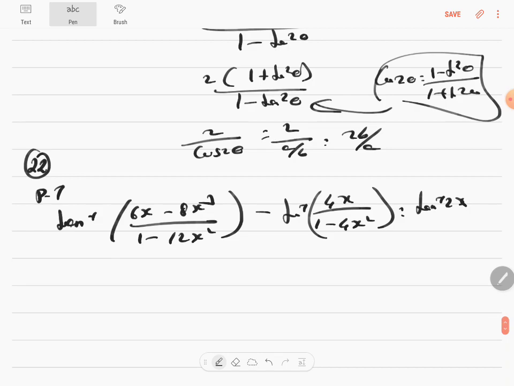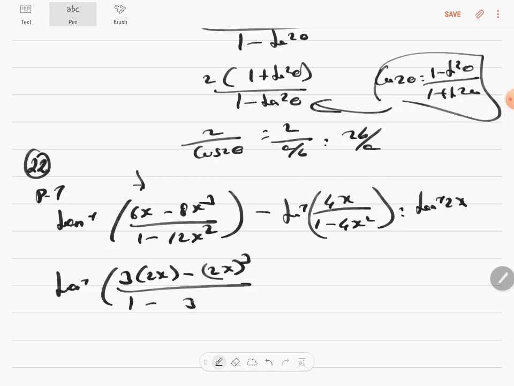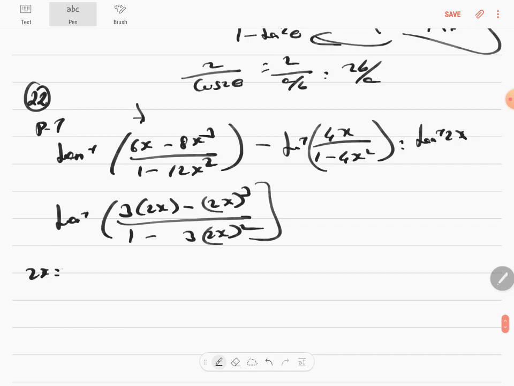As soon as you see this, can we convert it into (3tan θ − tan³θ)/(1 − 3tan²θ)? If I write it like this, then 2x has to be equal to tan θ.